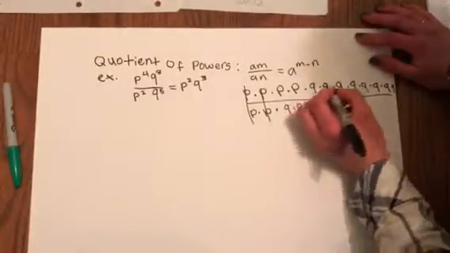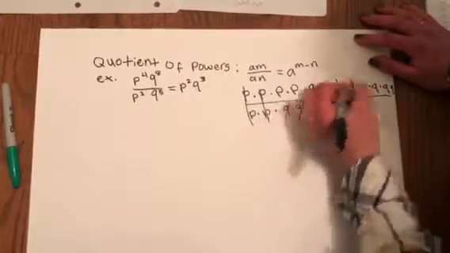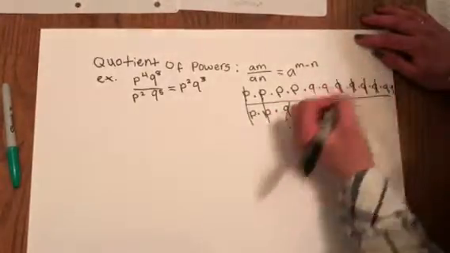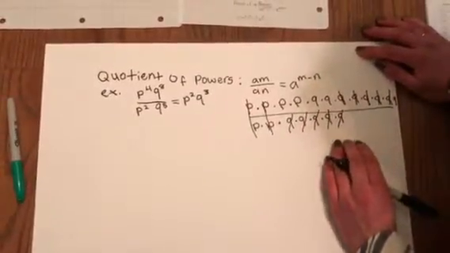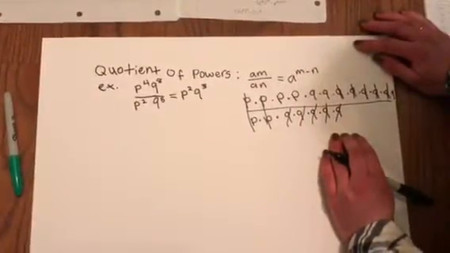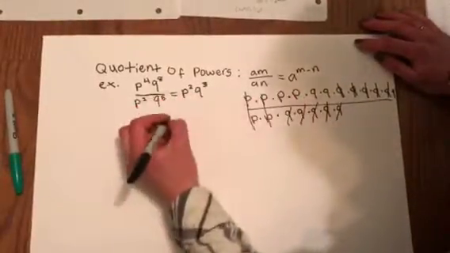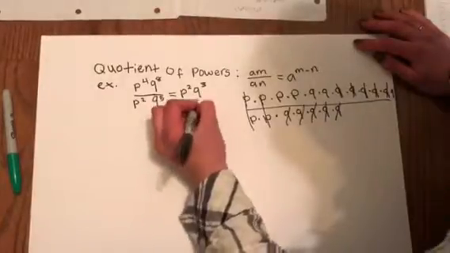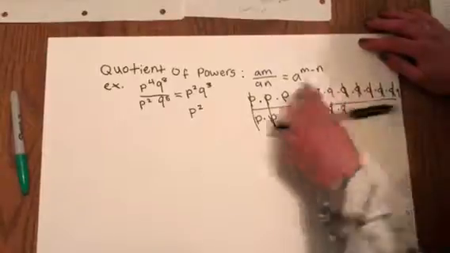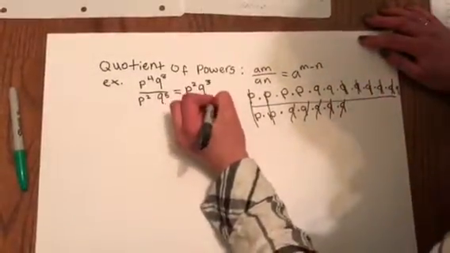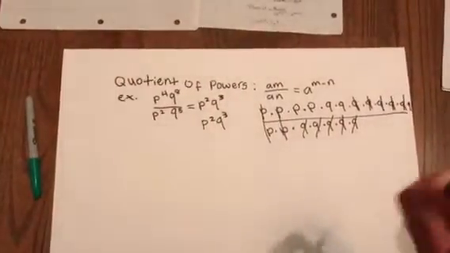Then you can cross this Q out and this Q out. And you are left with 2 P's on the top, and then 3 Q's. This is an example of quotient of powers.